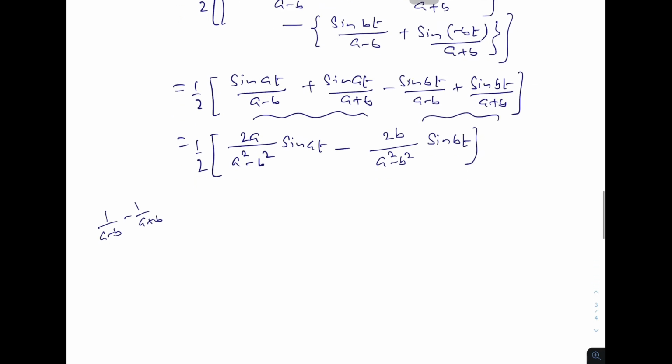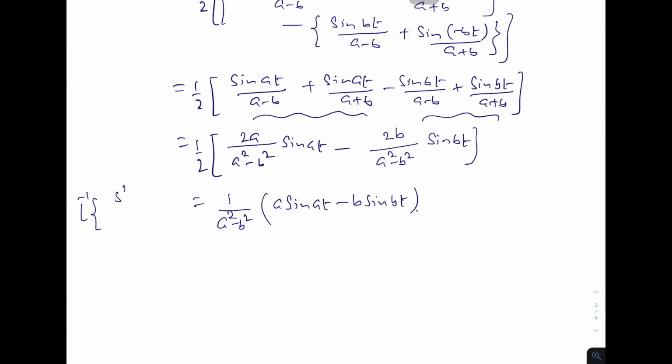And the 2 cancels, so we can take 1 over a square minus b square outside. So this is 1 over a square minus b square times (a sine at minus b sine bt). So that is the inverse Laplace transform of s square over (s square plus a square)(s square plus b square), and we need to use the convolution theorem.